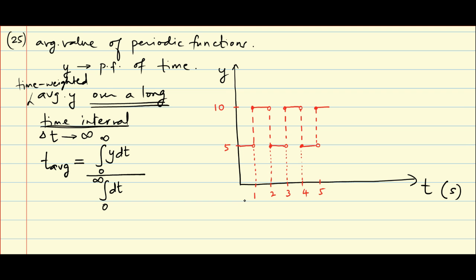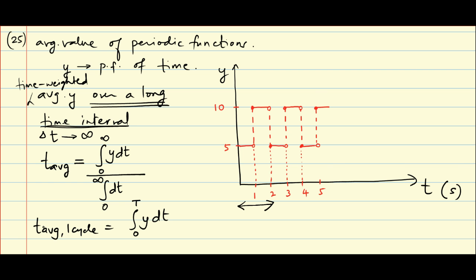So what I mean to say is, if you start from t equal to 0 and go up to t equal to 2 seconds, and find the time weighted average of y over this time interval, then you automatically get the time weighted average over a very long time interval. You need not actually consider a physically long time interval. You can consider just one cycle. So let me first show you how to calculate the average over one cycle.